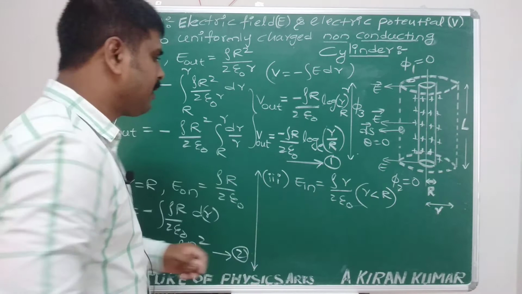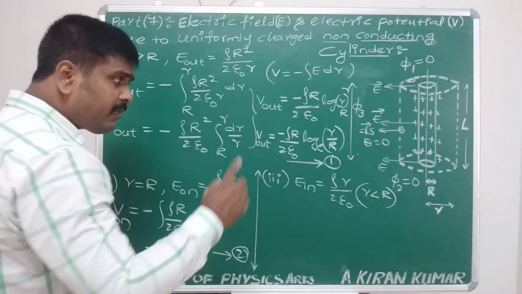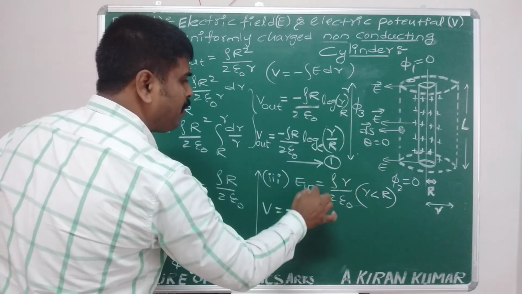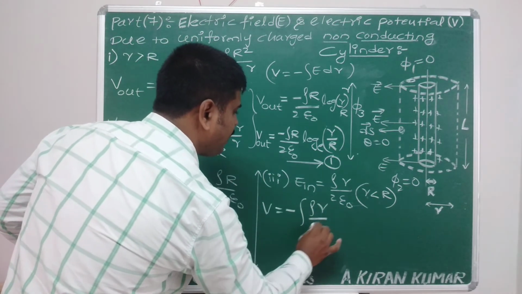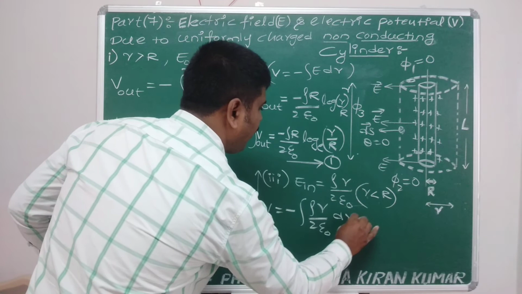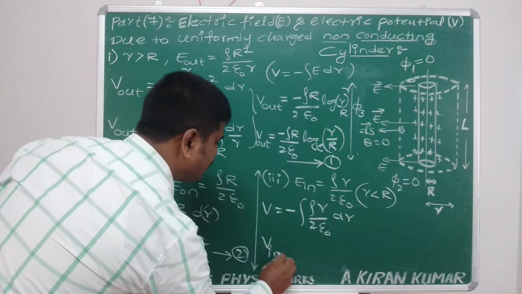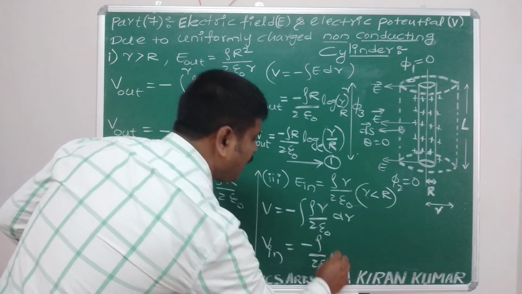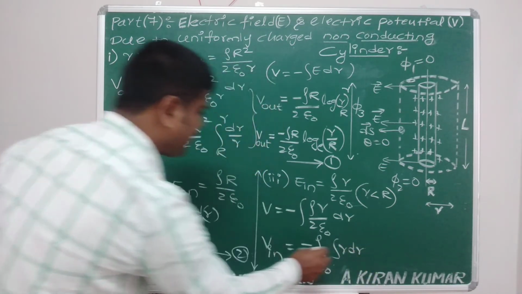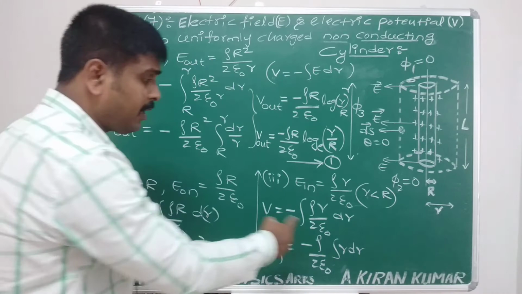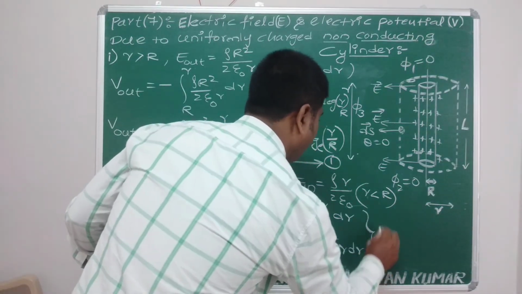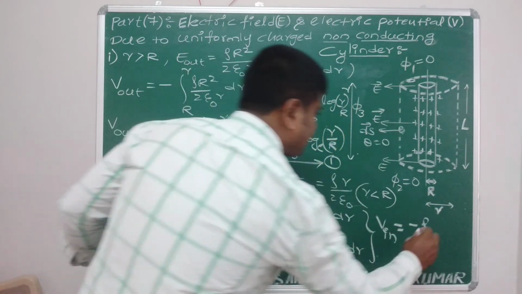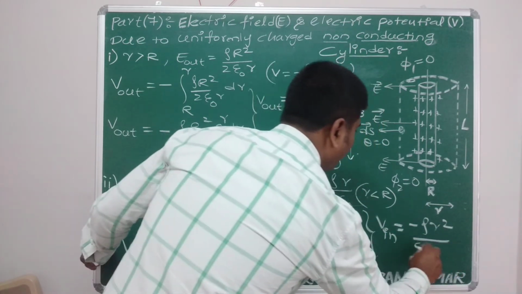Next is inside, where small r is less than capital R. I use the same formula: V is equal to minus integral of E inside, which is rho r divided by 2 epsilon naught, into dr. So V inside is equal to minus rho divided by 2 epsilon naught, common, times the integral of r dr, with capital R and small r as limits. Continuing, V in is equal to rho r square divided by 4 epsilon naught.